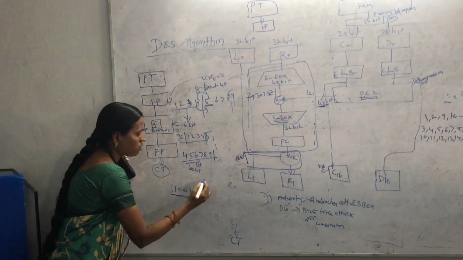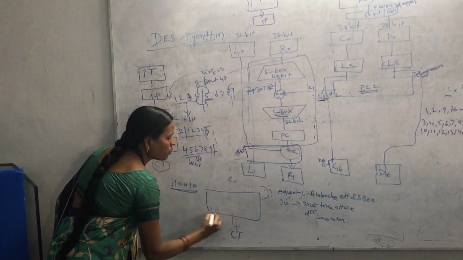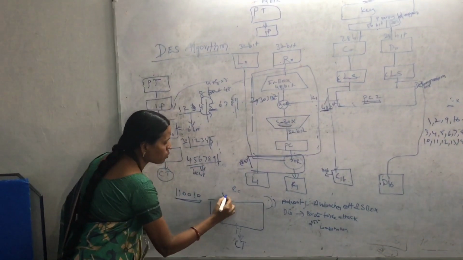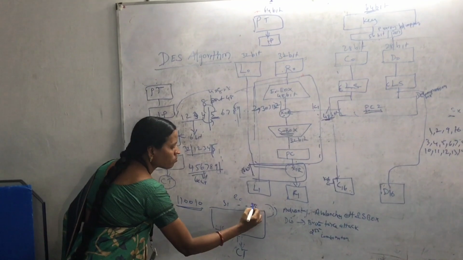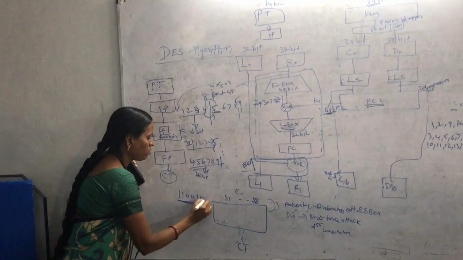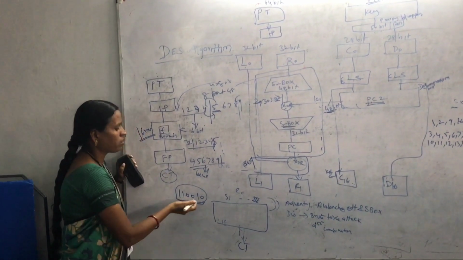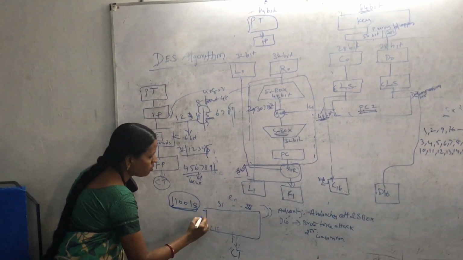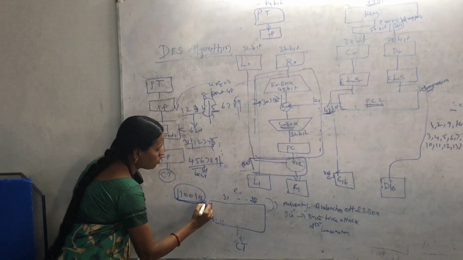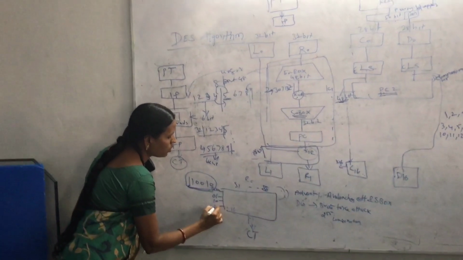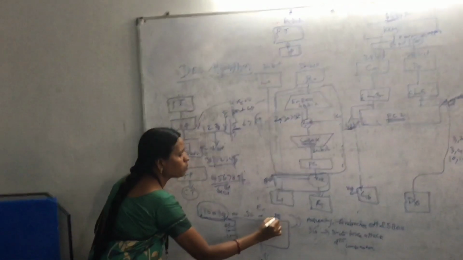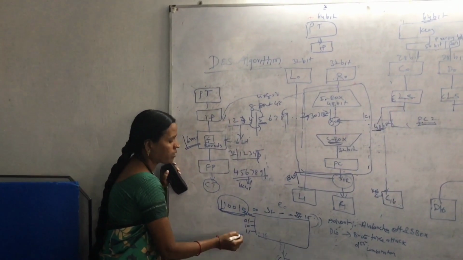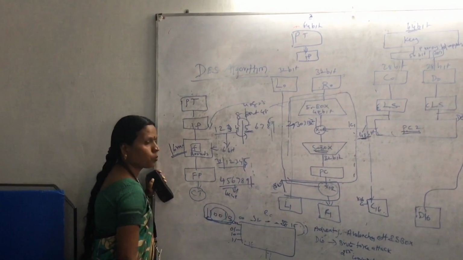Here we are using 8 S boxes, S1 up to S8. For example, take the 6 bit field, the first bit and last bit. Here the input is 00, 01, 10, 11 and then the columns 0 to 15. So the first and last bits are taken as the input, and then this is the output.